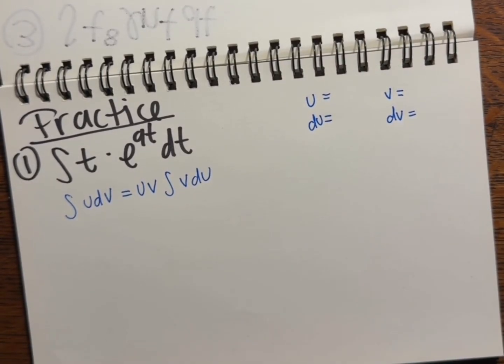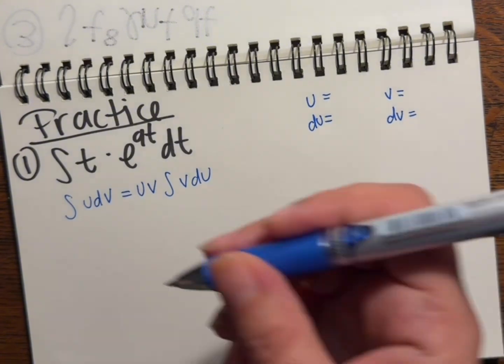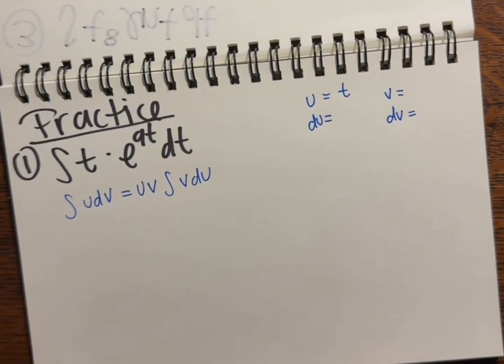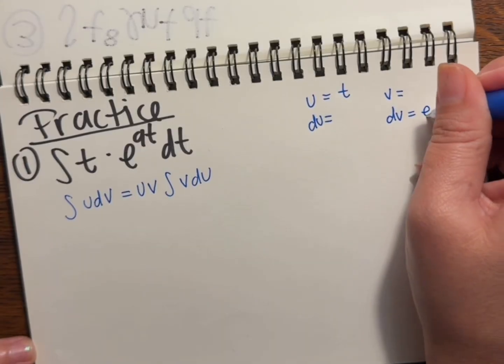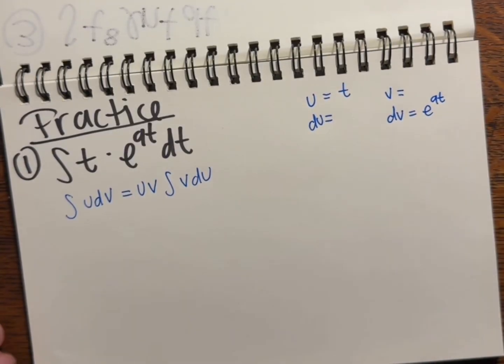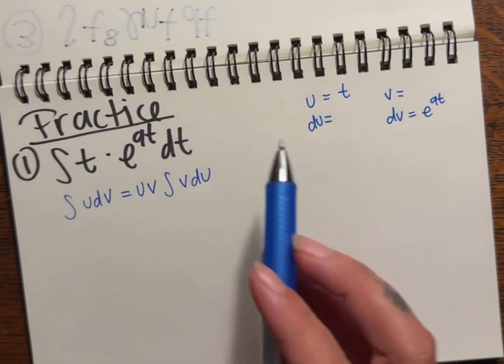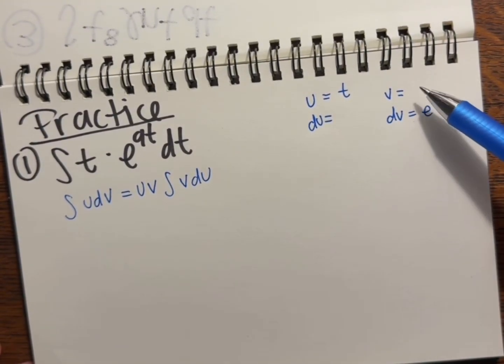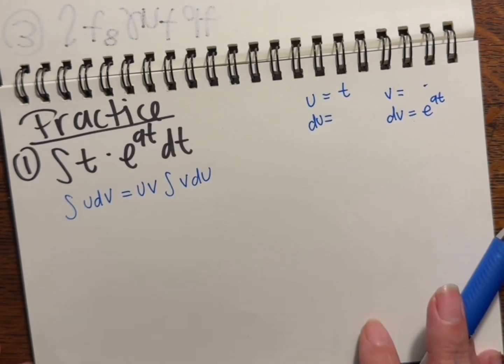And so I'm going to set u as t. And then let's set dv as e to the power of 9t. I think this is the best way to do it because if you set dv to t, you're going to have to use t squared over 2, and that makes it a little more messy.